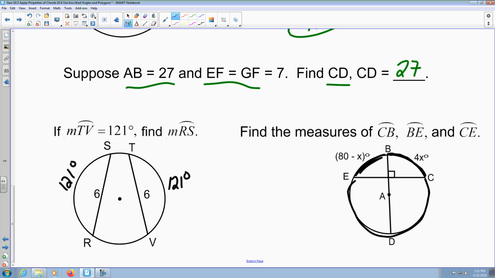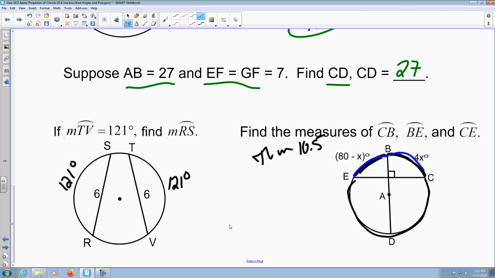So by applying Theorem 10.5, we can also say that these two arc measures are going to be congruent.